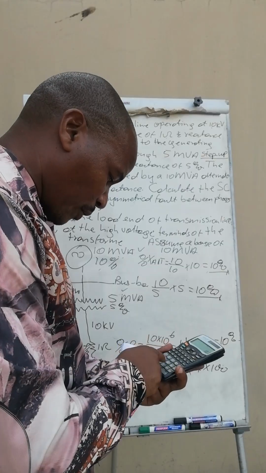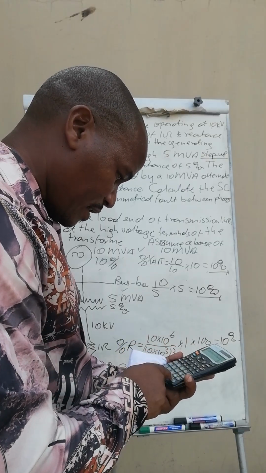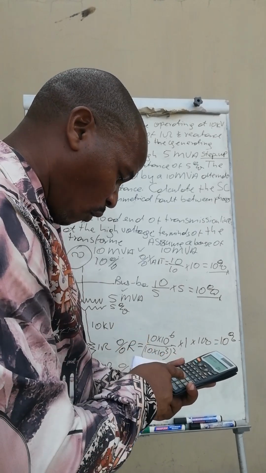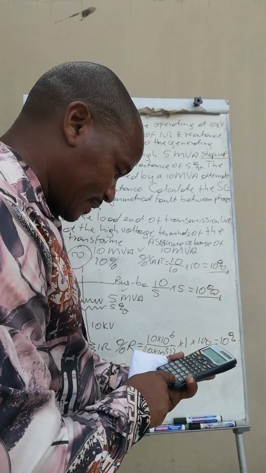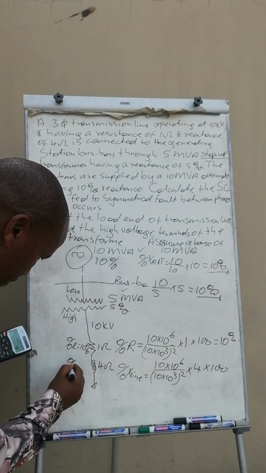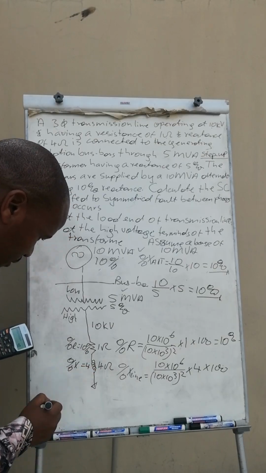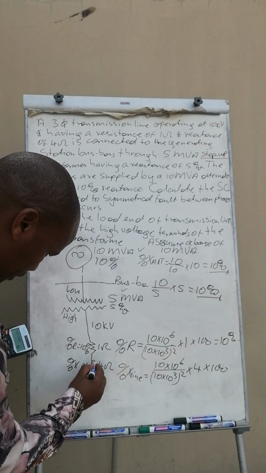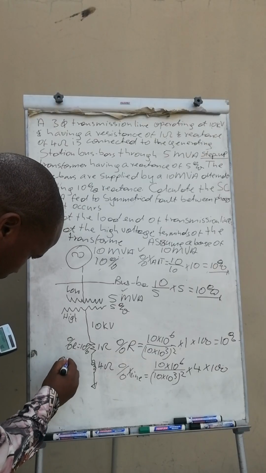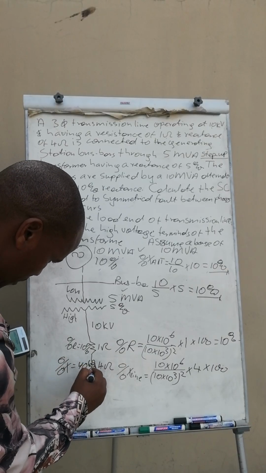It is 10 exponent 6 divided by 10 exponent 3 squared, multiplied by 4 is 0.4, multiplied by 100 is equal to 40% here. Percentage X is equal to 40%.